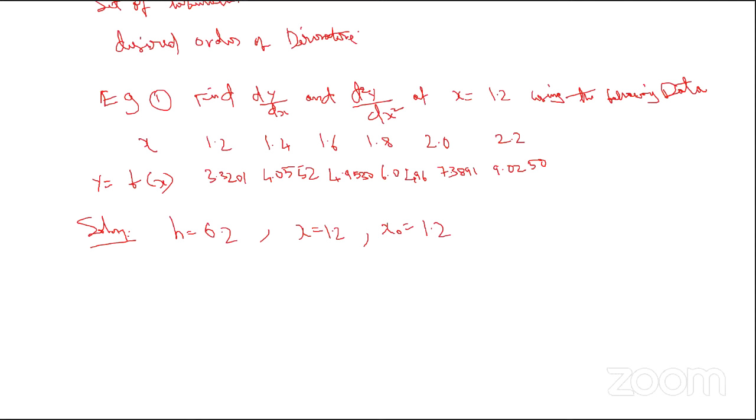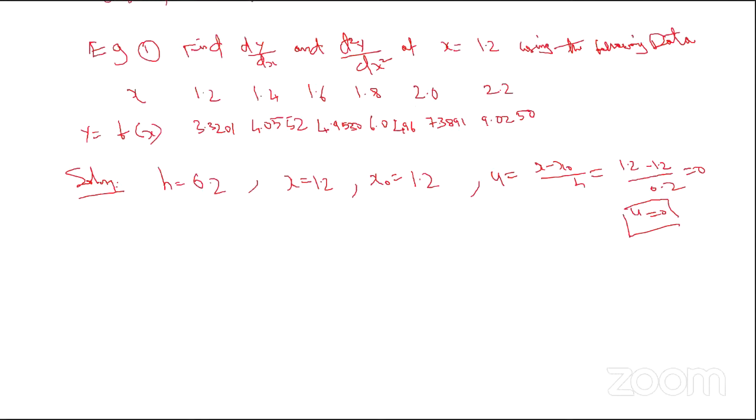Then we have x naught equal to 1.2, x equal to 1.2. u equal to x minus x naught by h, that is 1.2 minus 1.2 whole divided by h, which is 0.2. That means u equal to 0.